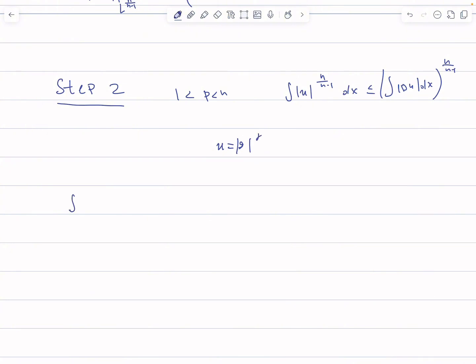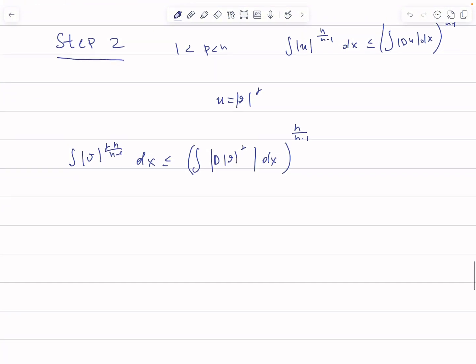So now |v| to the power lambda times n divided by n minus 1 dx, to the power n minus 1 divided by n, is less or equal than the integral of d|v|^lambda dx.